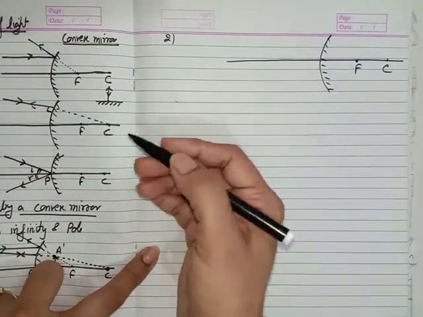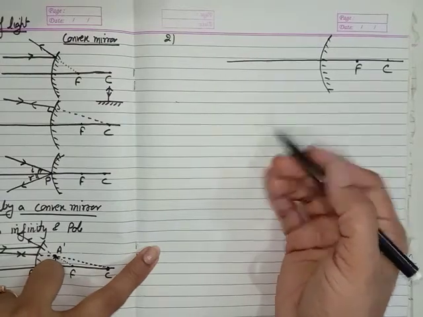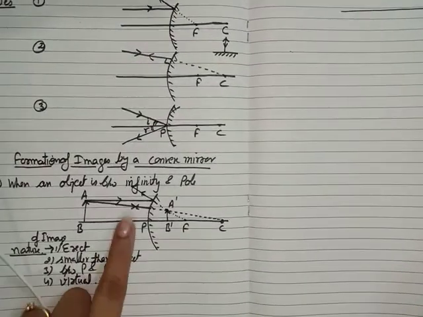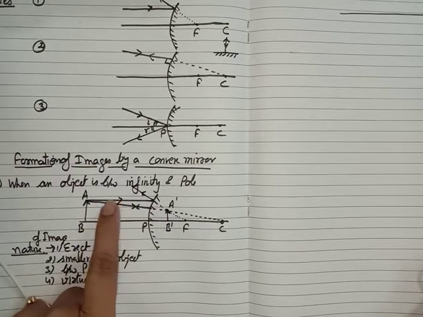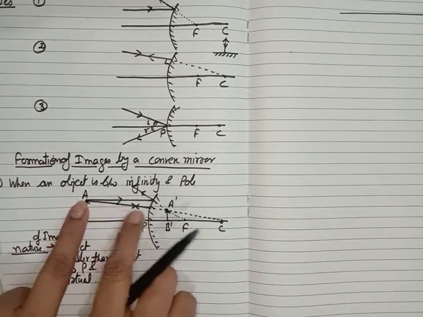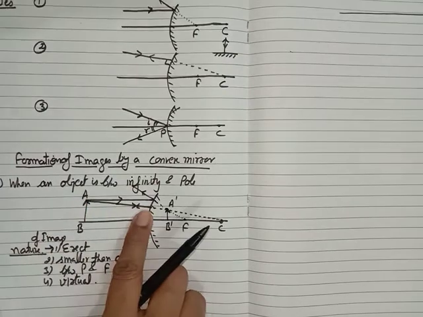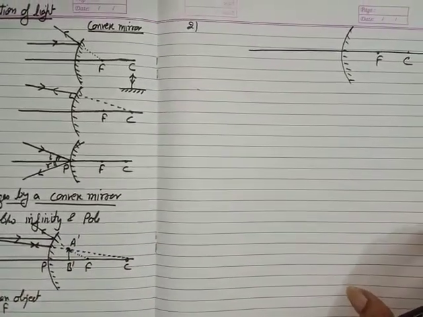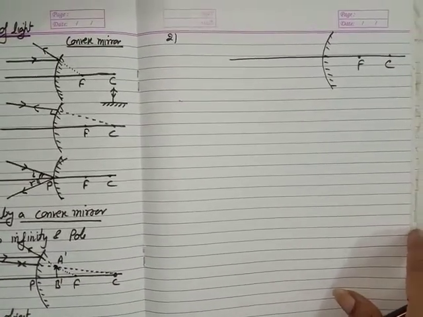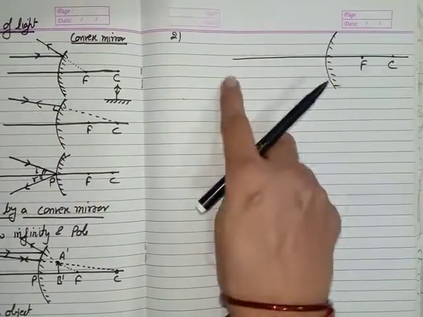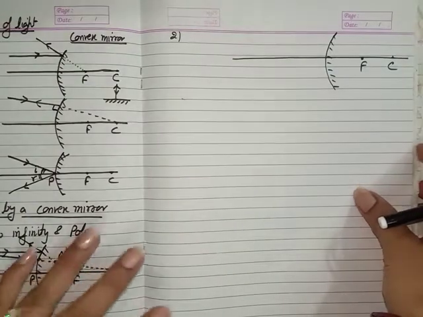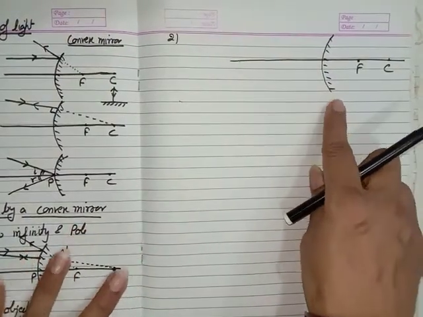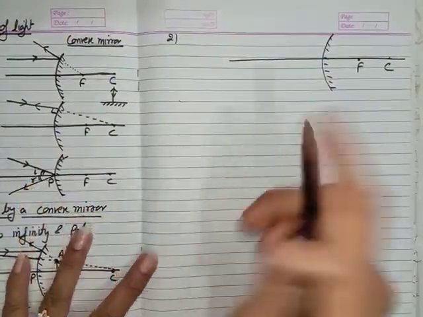The rays coming from infinity are always parallel to each other. Like in these images, the light rays are not parallel to each other. But if an object is placed at infinity, the light rays come parallel to each other. So according to NCERT, we can make the image by the convex mirror if an object is placed at infinity.